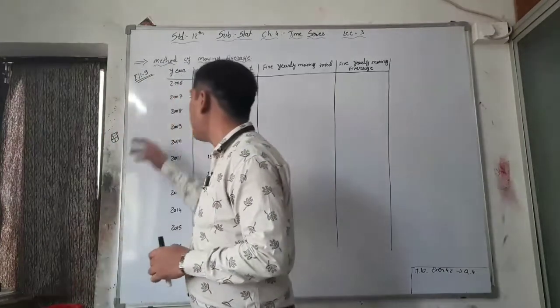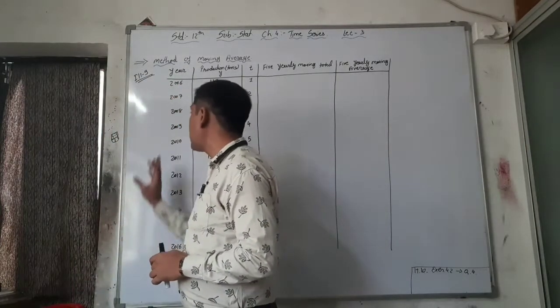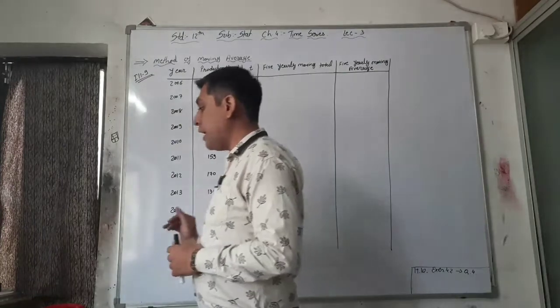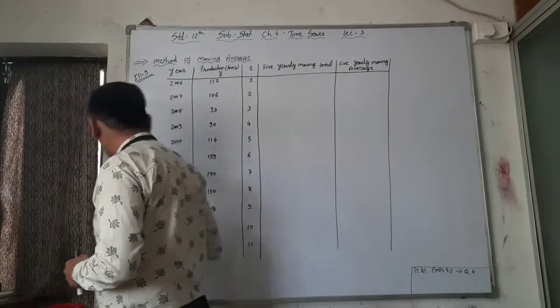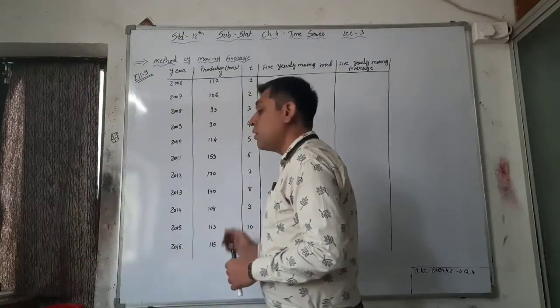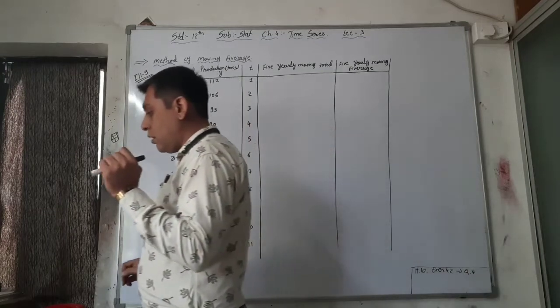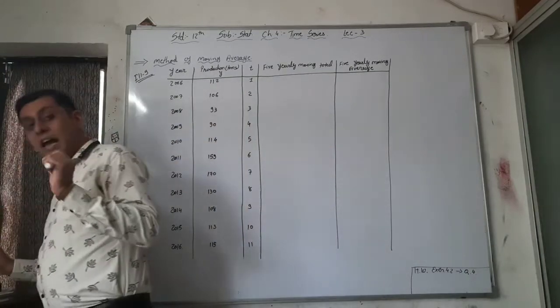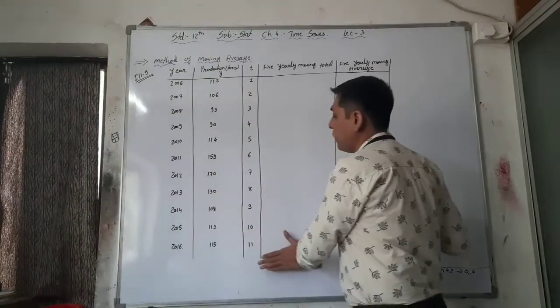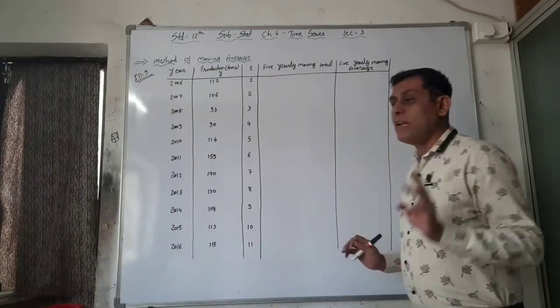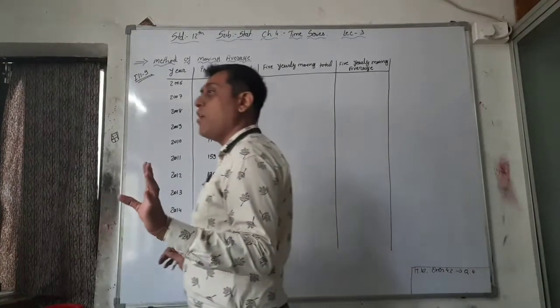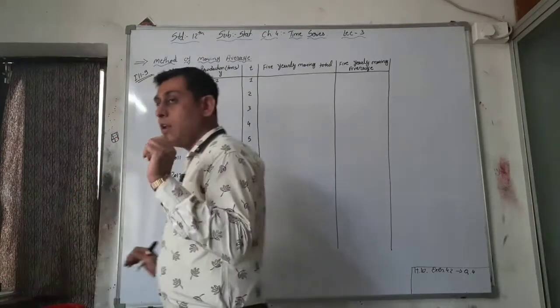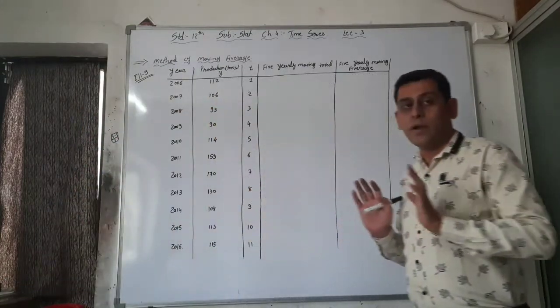The data is given for 2006 to 2016, that is 11 years, right? And the production in tons is also given like this. If we leave one line between these, it is better presentation. See here, in 3-year moving average and in 5-year moving average, if we leave one line, it is for better presentation.